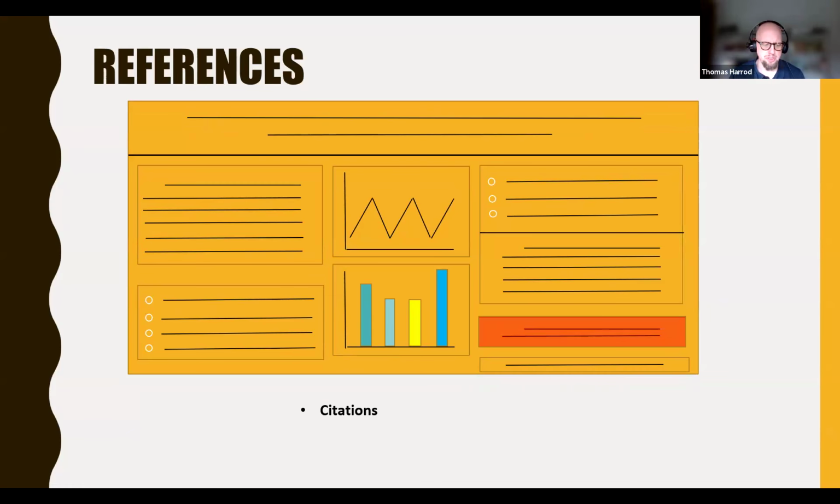Citations: as I mentioned in your background introduction, there should be some element of literature review to show that you have informed yourself as to what came before you, and so that you are properly situating your work within this larger stream of information that's been going on. And so this is a place for the citations to put that in.